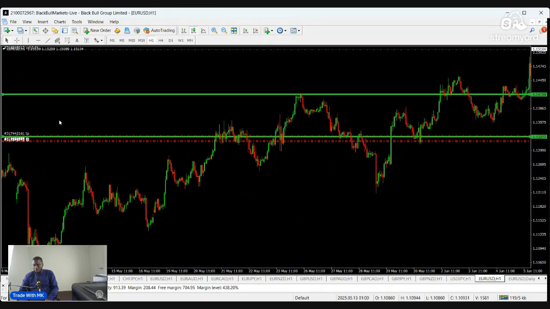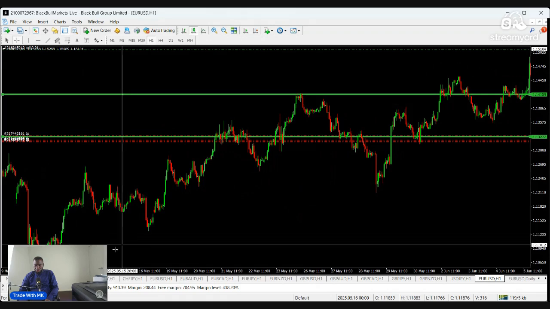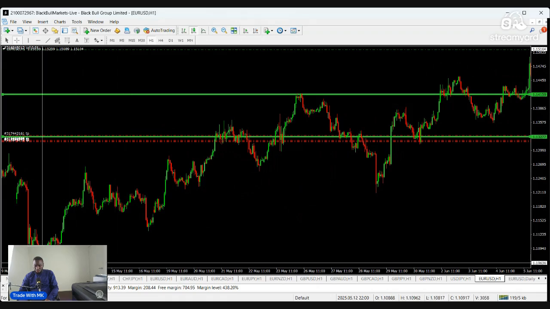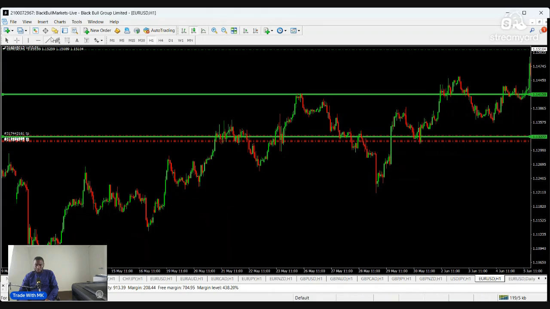So let's see this one here. If they touch, see, it didn't happen. So I don't want to try when we draw this line here from the end of this bar to there.